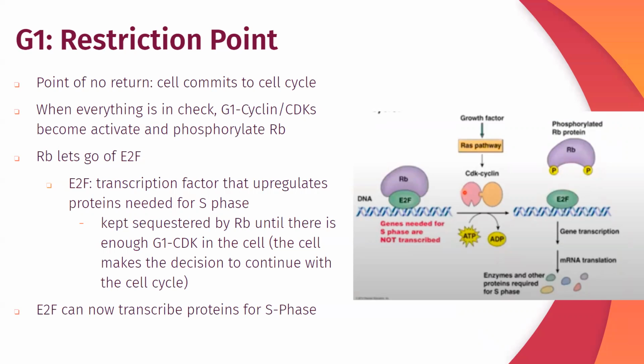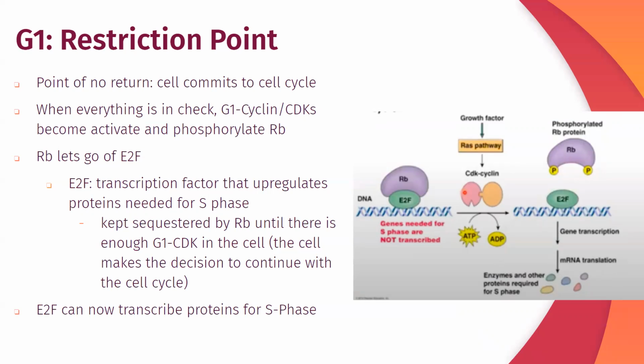Once that happens, there is a conformational shift, and RB is forced to let go of E2F. E2F is a transcription factor that upregulates proteins needed for S phase, which is when replication happens. It is kept sequestered by RB until there's enough G1 CDK-cyclin complex in the cell. After that, the cell makes the decision of whether to continue with the cell cycle or not.